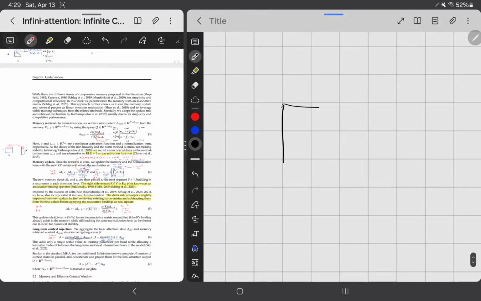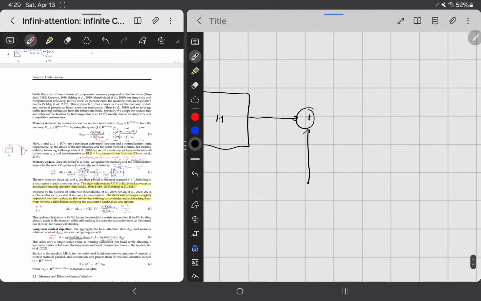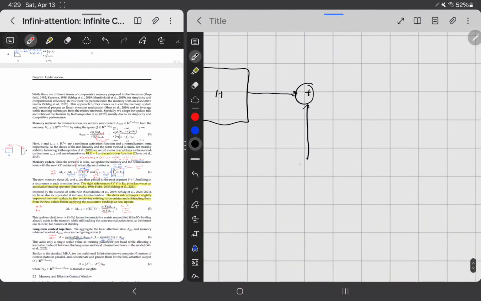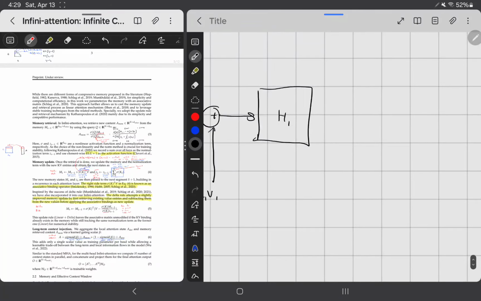So you can think of this as: I have my initial hidden state, and then I send this through the first recursive module, which takes in k1 v1, and then it's updated, and this will be h1, which is just composed of k1 v1.